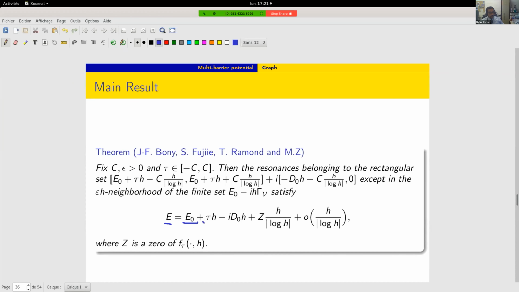The imaginary part of the resonances is given essentially by D0. This is on the macroscopic scale, and on the microscopic scale it is D0 h plus some z, where z is a zero of a coding function, h log h. This is a very important thing.